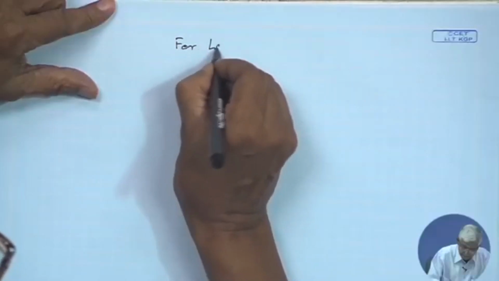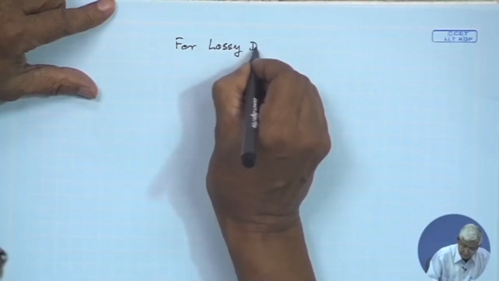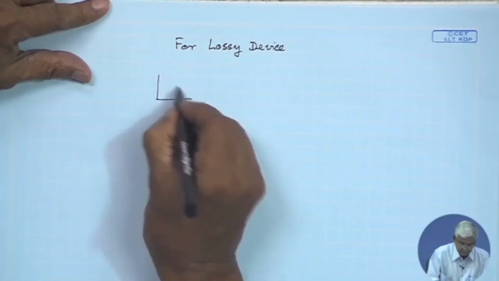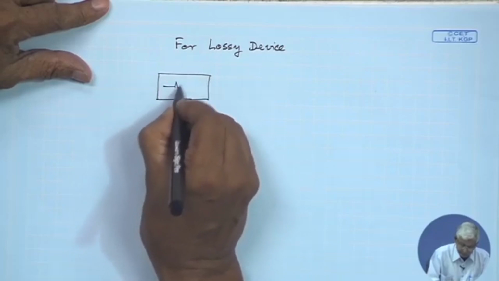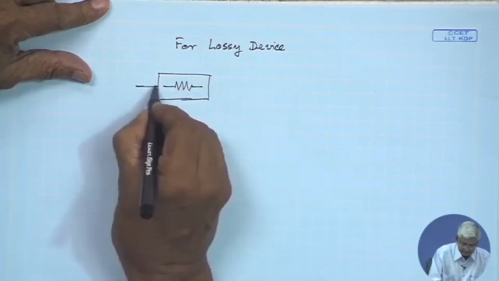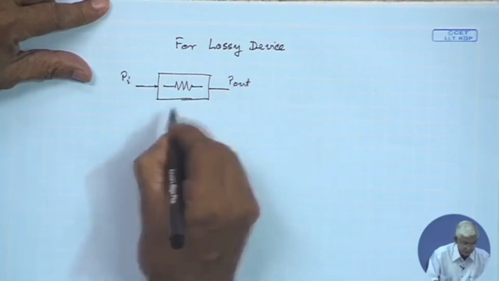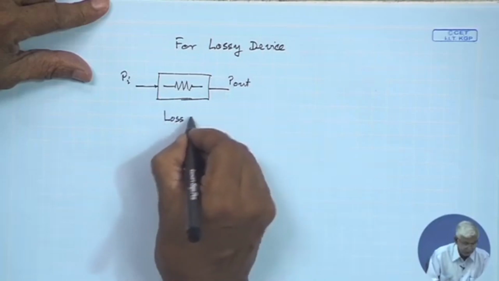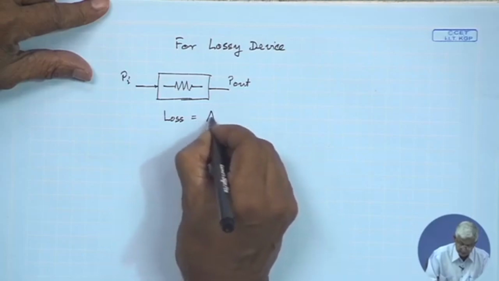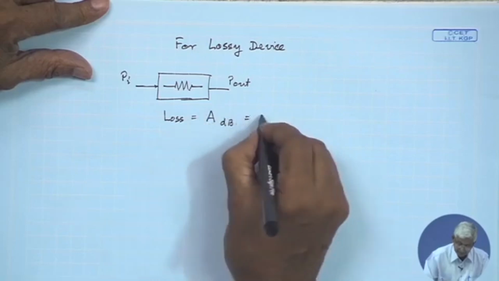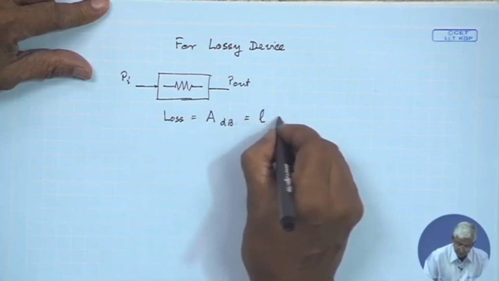Now, let us see how we represent the same thing for a lossy device, or lossy network. Normally we denote it by a resistance, with a power coming in and a power going out. So, loss, or many times we say attenuation, is denoted by A, in dB, and the same thing in ratio is called small l.